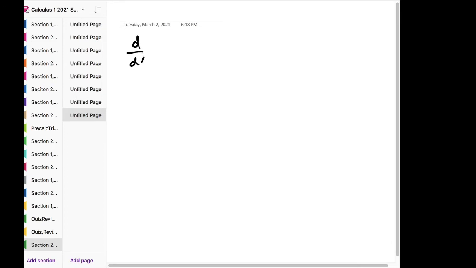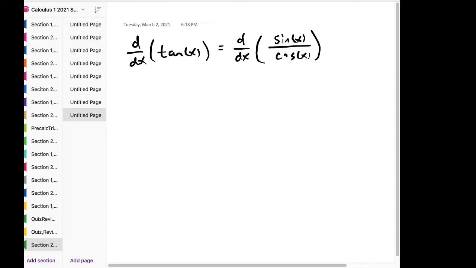And I always recommend this, especially when starting out. Don't memorize the derivative of tangent, because it's just an extra thing to memorize. As you do more practice, you'll start to memorize it. But if you ever forget, then if you know the quotient rule, you don't need to memorize it.